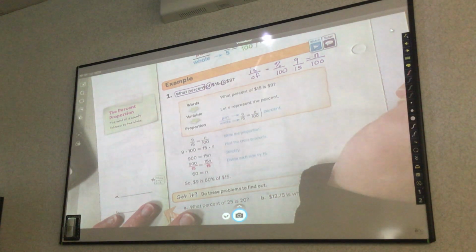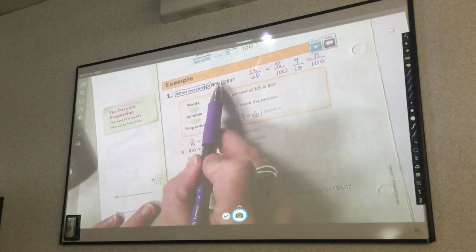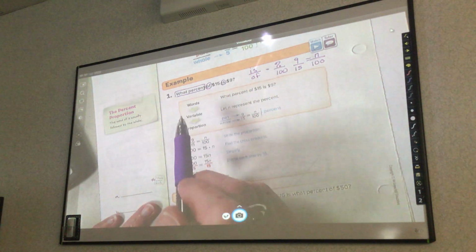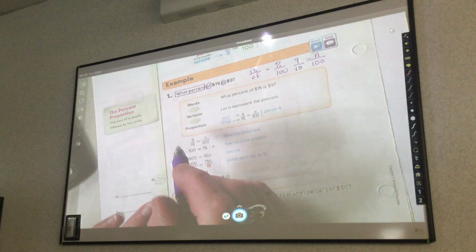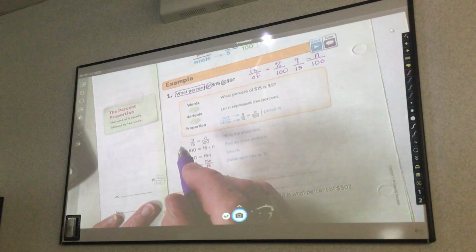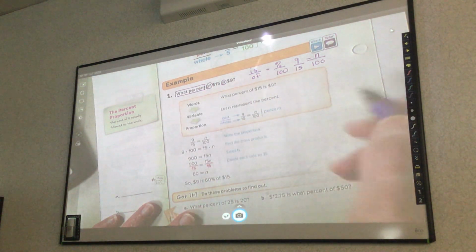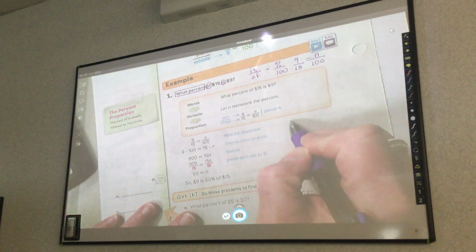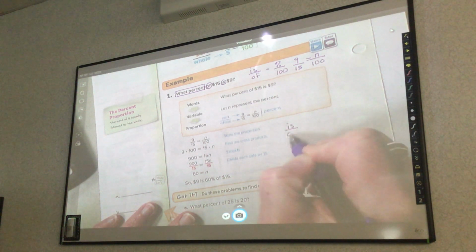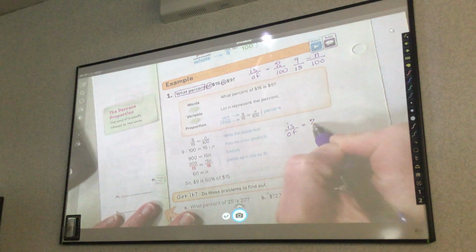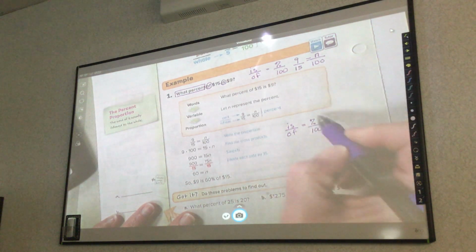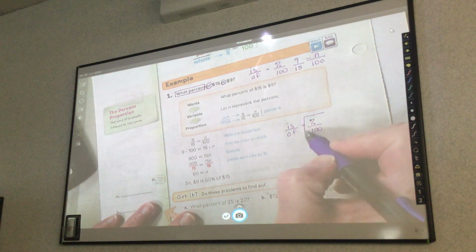You guys understand how I took that apart and circled and underlined? When you do it that way, you're not going to make mistakes on where it goes. The other thing, if I have the is over of equals percent over 100, put a box around this.